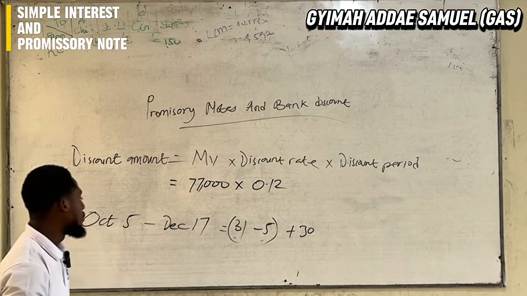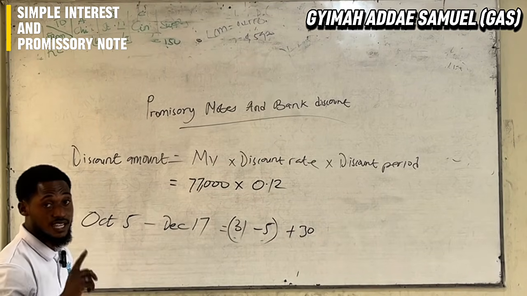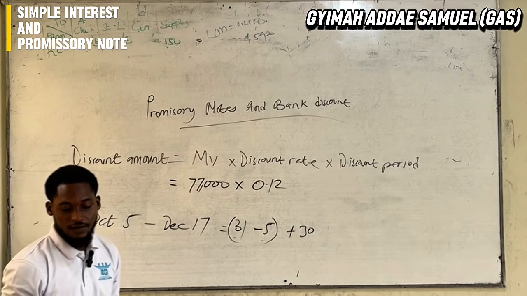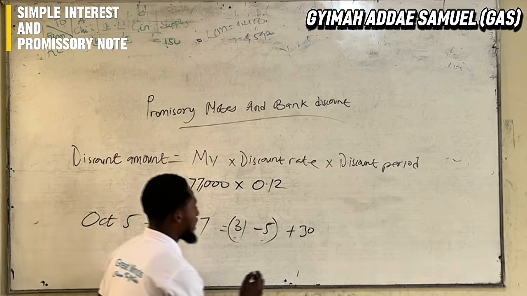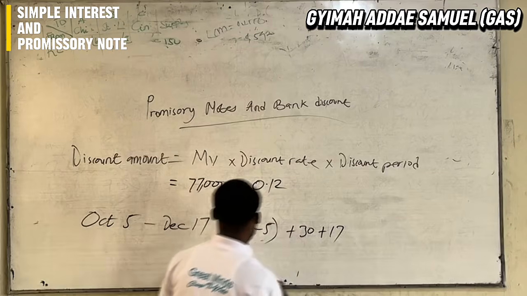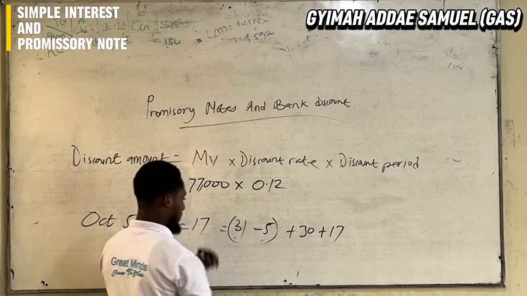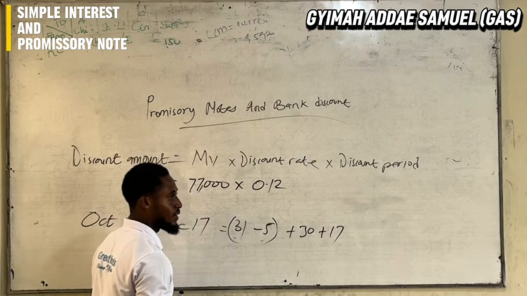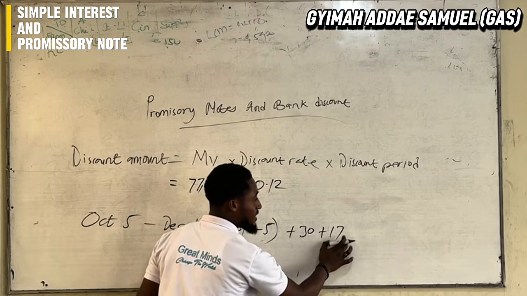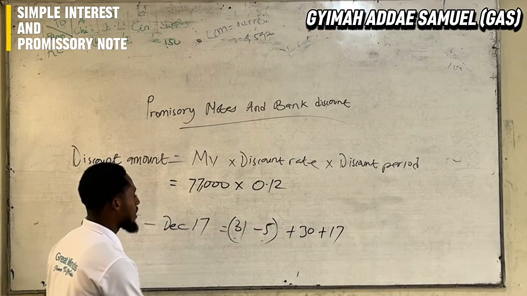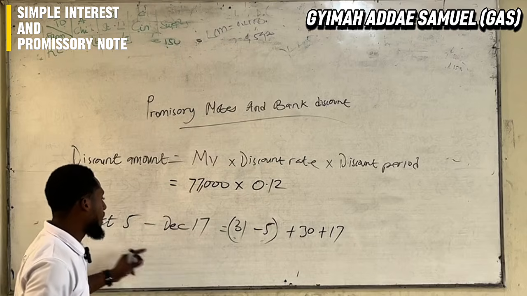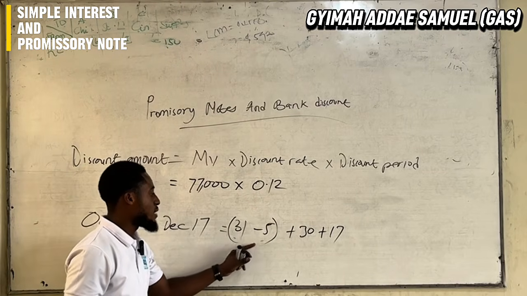Then with the due date we computed in the I, we had 17th December, so you write your 17th here. So October, November, December. When you subtract the 5th October from the 31 days, you are getting 26.